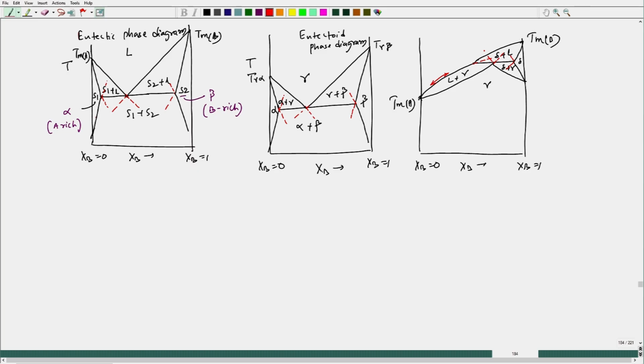Like that, all the time those metastable compositions will lie in the two phase zone. So, that way we can judge whether the phase diagram is drawn correctly or not. This is the peritectic phase diagram.